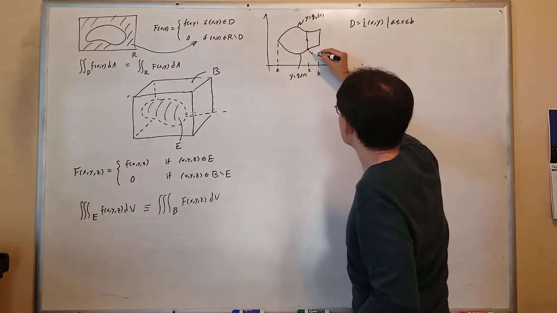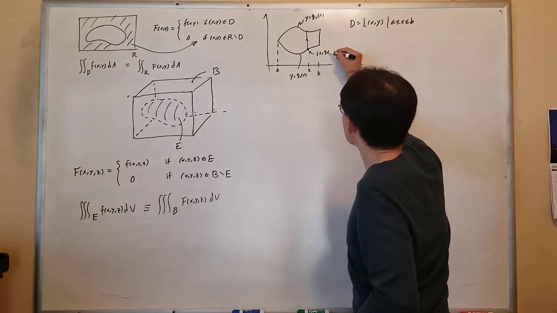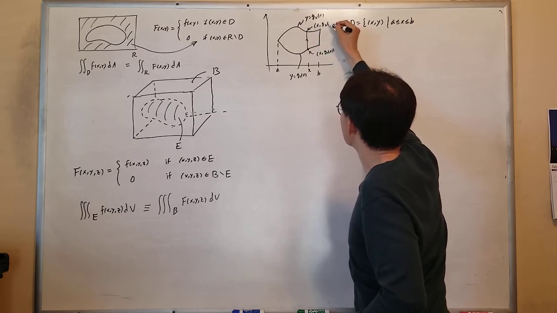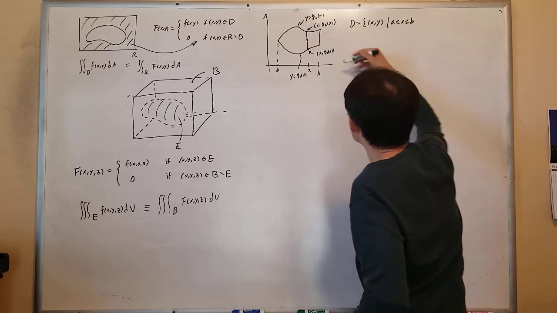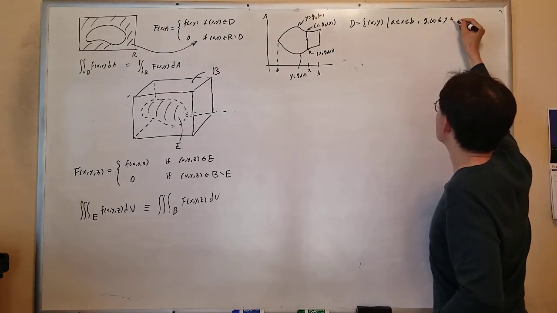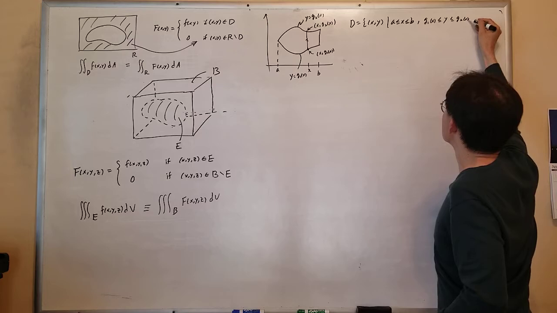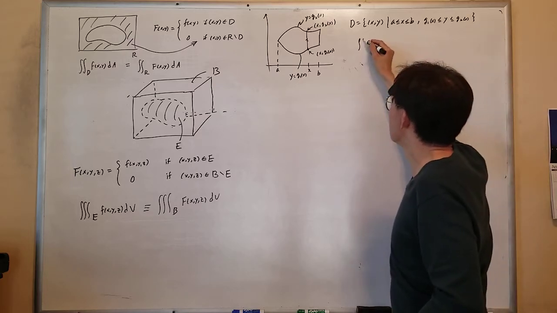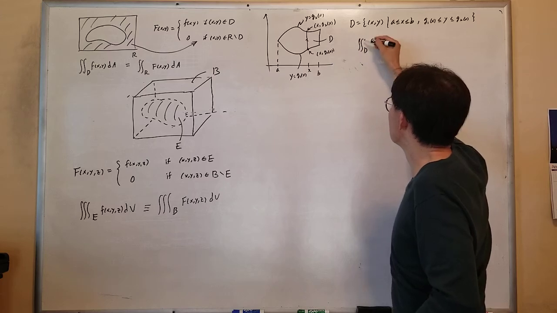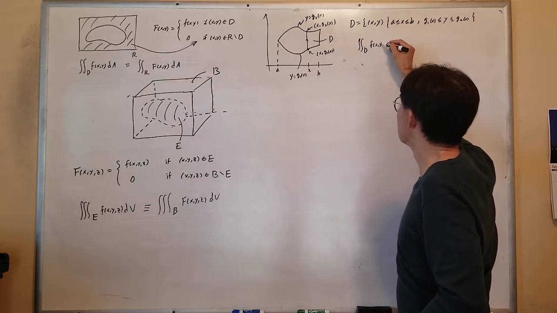So this point is (x, g1 of x). This point is (x, g2 of x). y runs from g1 of x to g2 of x. Then the double integral on this D of f of x, y.